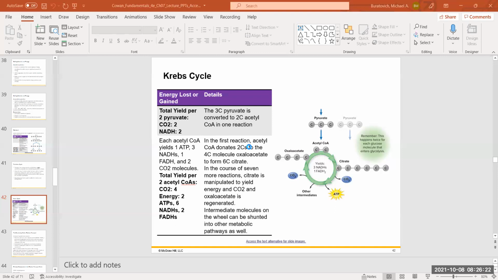Cytochrome C is going to deliver those electrons to another complex in the membrane called complex 4. Complex 4 is also known as cytochrome oxidase. So this will deliver electrons here.